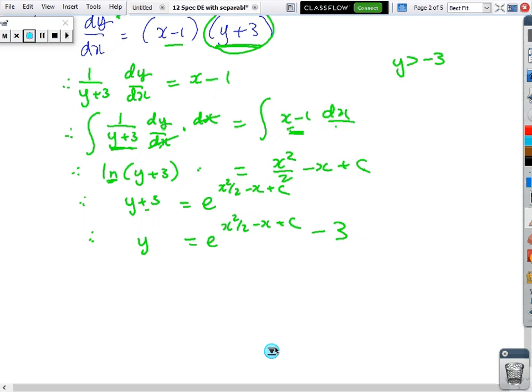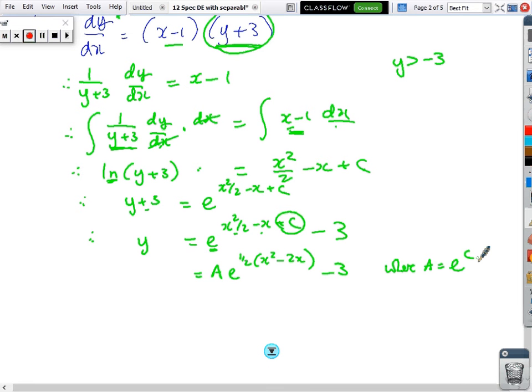Just to tidy up, we could break this up into three components, and e to the c becomes a constant. To make it tidier, y equals a constant out the front, e to the value of c, times e to the x squared over 2 minus x, minus 3. Okay, so that's the first example.